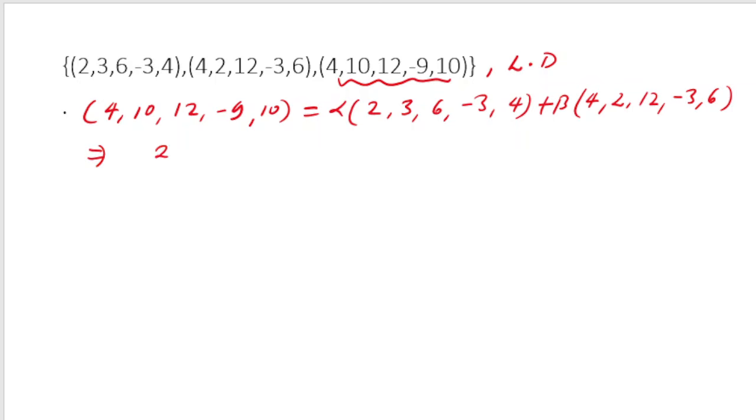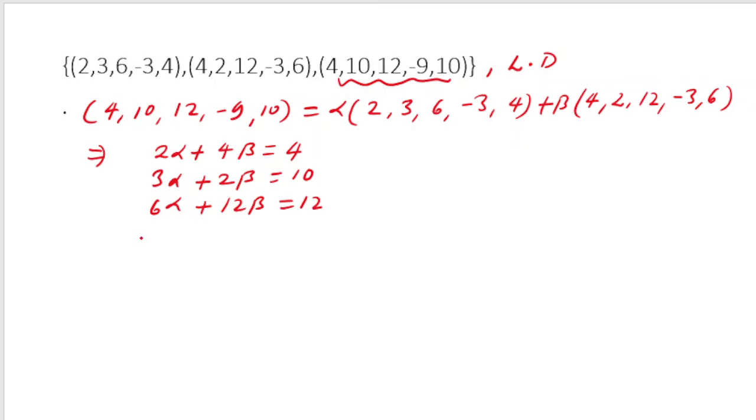If I compare them term by term, the first equation will give me 2 alpha plus 4 beta is equal to 4. The second one will give me 3 alpha plus 2 beta, which is equal to 10. The third one will give me 6 alpha plus 12 beta is equal to 12.